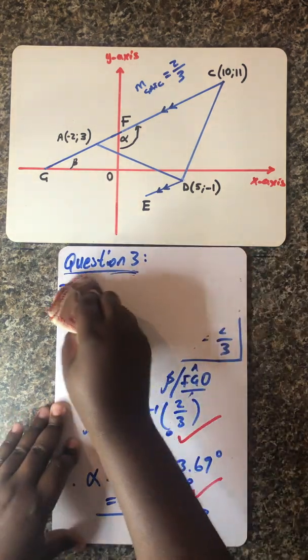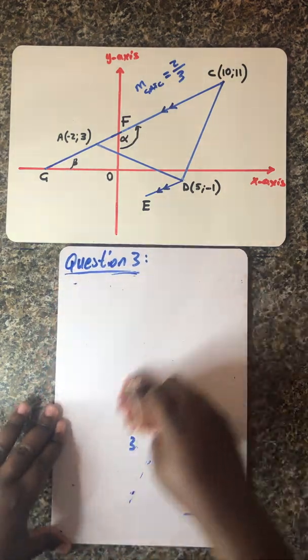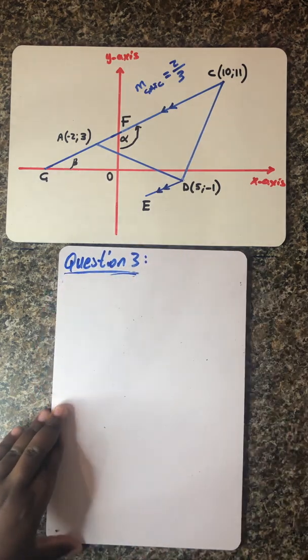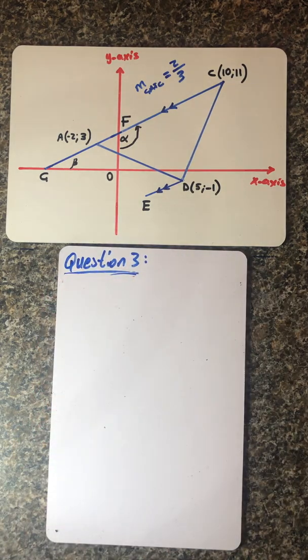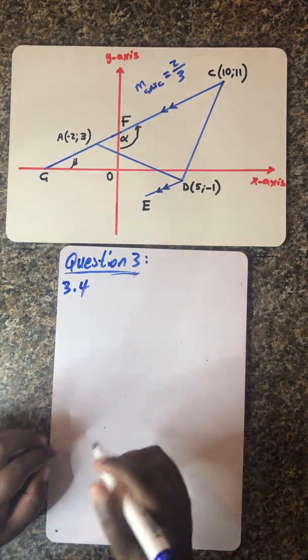So now let's move to the next questions. I hope they are not that complicated, and again, I hope you're going to enjoy these questions. Okay, so now let's move to question 3.4.